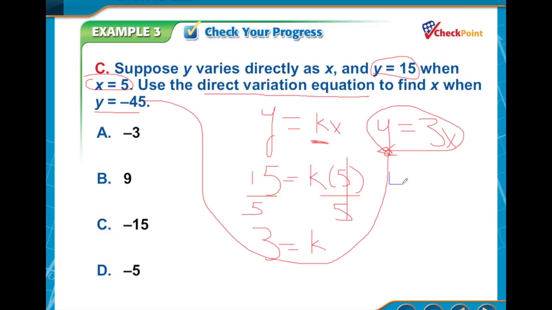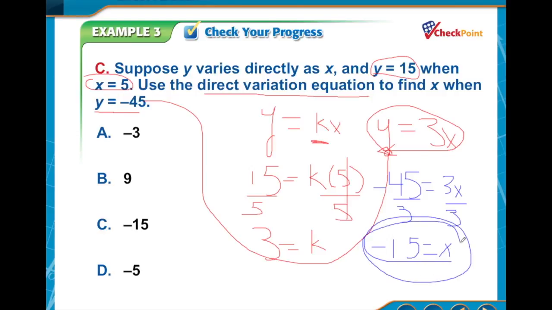So if y is a negative 45, what does x have to be? So to get x alone, we need to divide it by 3. So we'll do that to both sides. 45 divided by 3 should give us 15, and this is a negative 45. So this is a negative 15, and that is the solution for x. That is our final answer here. We found x. That's what we were asked to do here.